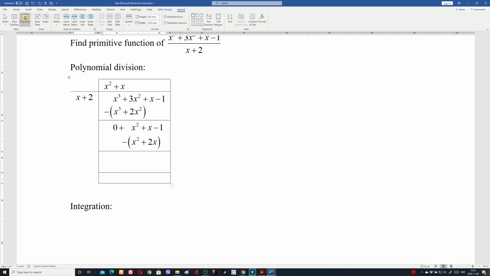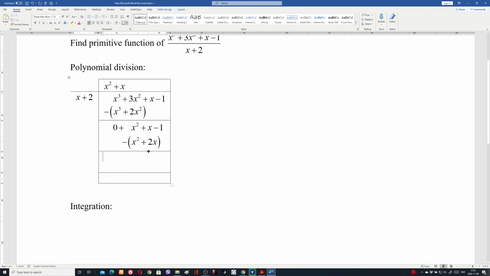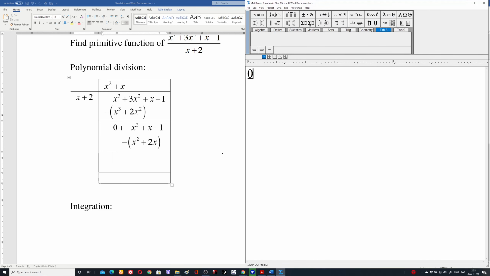Now x power 2 minus x power 2 is 0. After that, x minus 2x is minus x, because minus multiplied by plus 2x, plus 1x, is minus x. And minus 1.